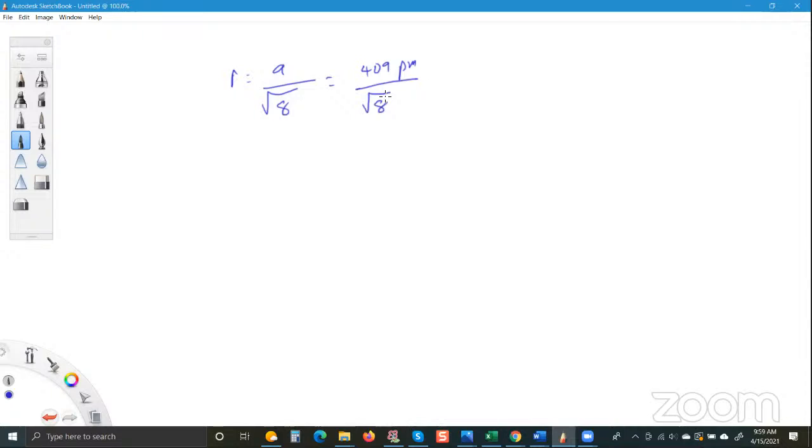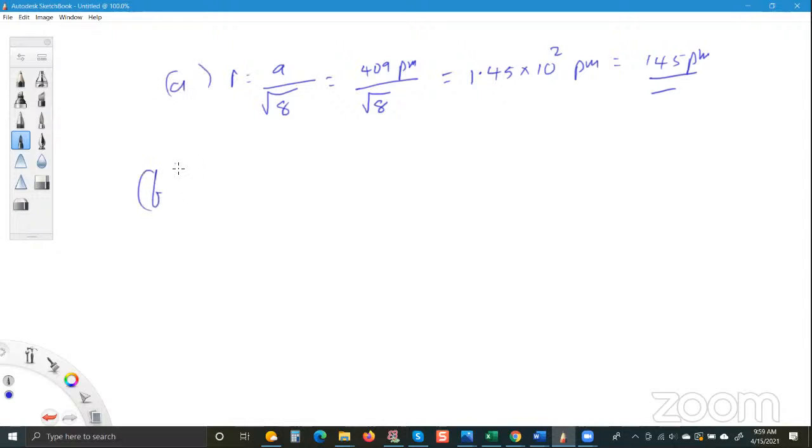And according to my calculations, this works out to be, rounded to 3 sig figs, 1.45 times 10 to the 2 picometers, which is the same thing as 145 picometers, all right? So that would be the radius of the atom based on the face-centered cubic arrangement. So that's the A part.